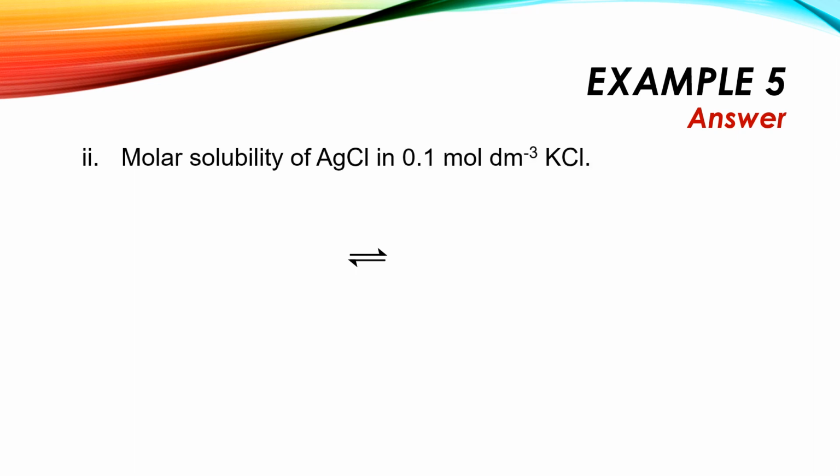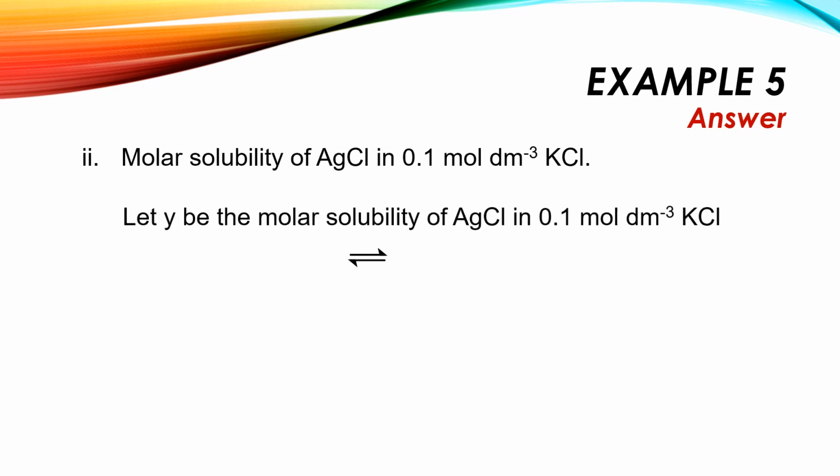Question number 2. What is the molar solubility of silver chloride in 0.1 molar potassium chloride? Let's assume y is the molar solubility of silver chloride in 0.1 molar potassium chloride.